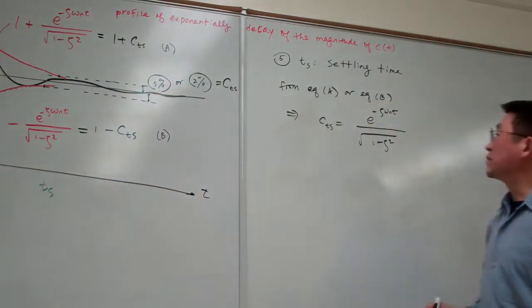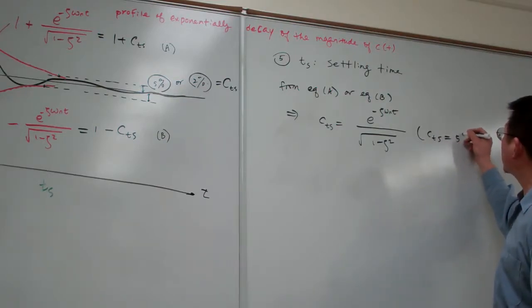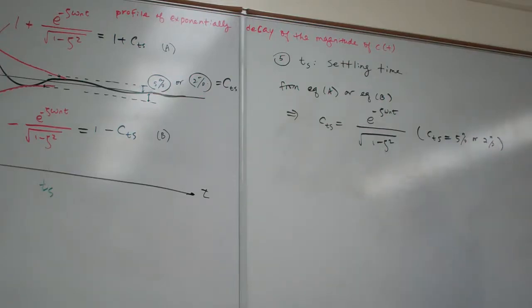So CTS equals 5% or 2% or whatever percentage criteria you define. The most common criteria are 5% or 2%, and in our textbook the numbers are based upon 5%.